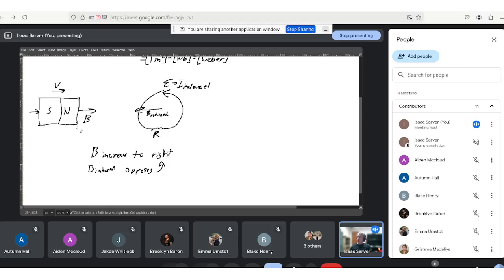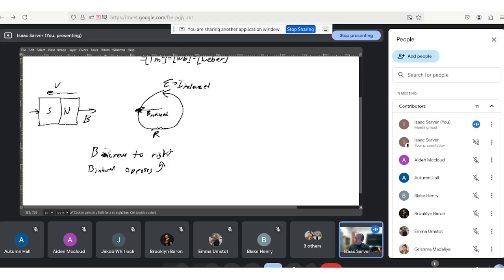If I were to withdraw this magnet, it will now go this way, which means that my B induced will need to reinforce this.